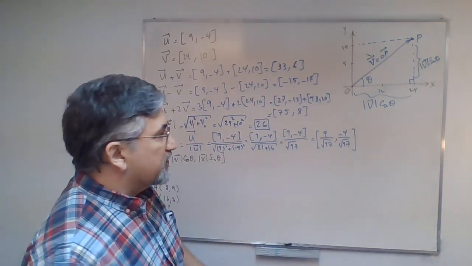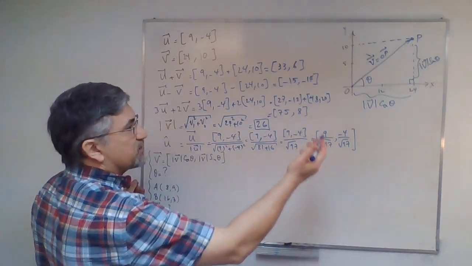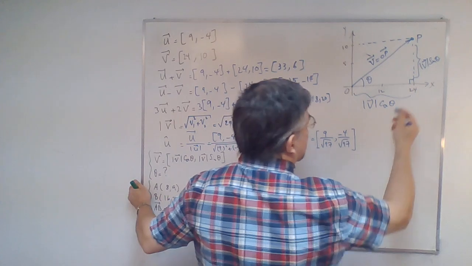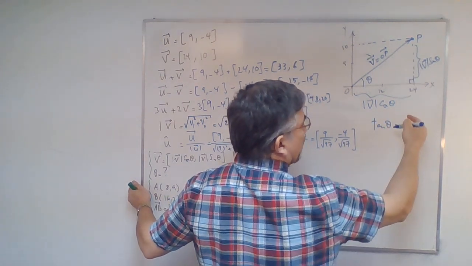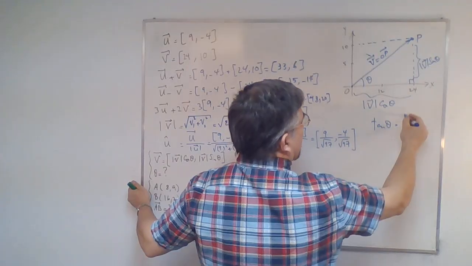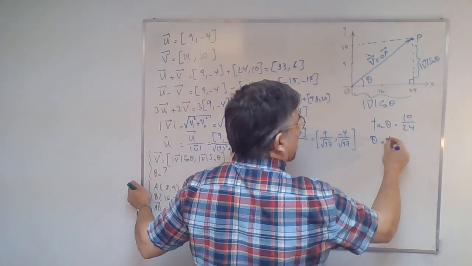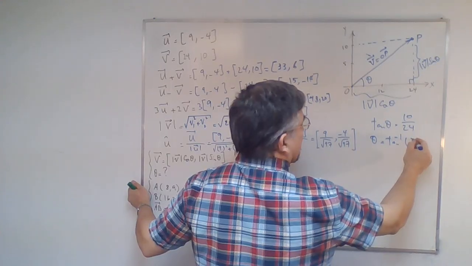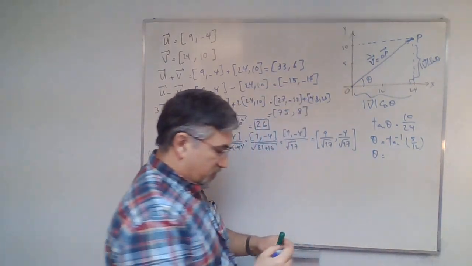To find the measure of angle theta, we have all the information here. We can say tangent of theta is the ratio of opposite over adjacent. So that's 10 over 24. Therefore, if you take the inverse tan of 5 over 12, then that will be the measure of the angle.